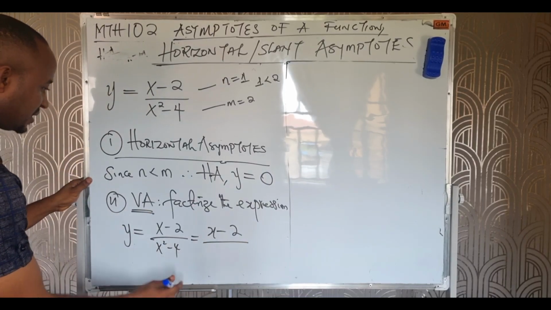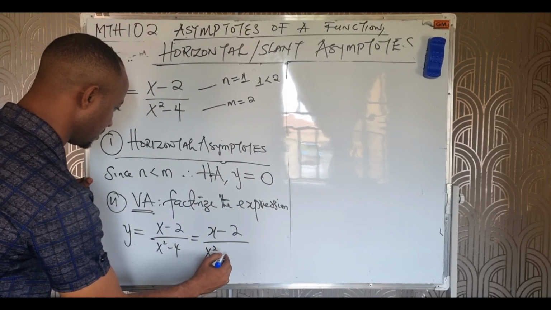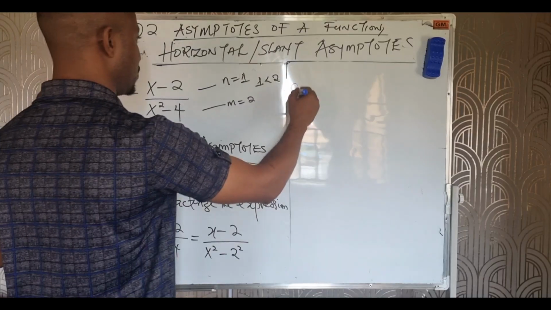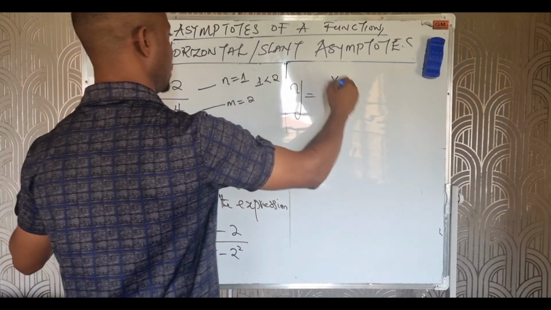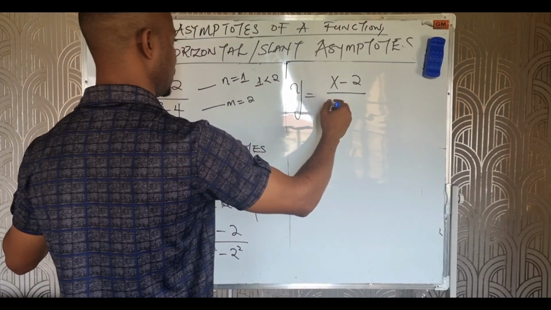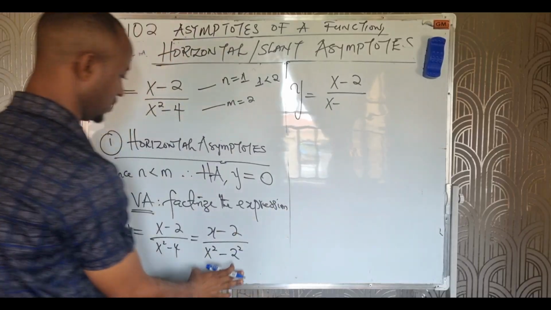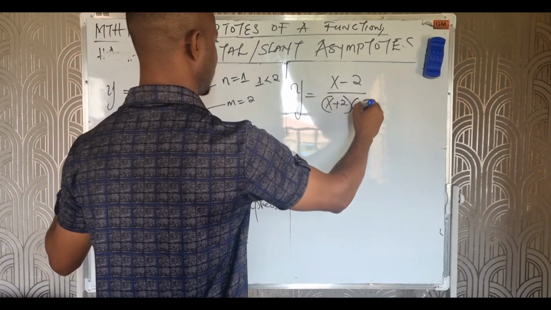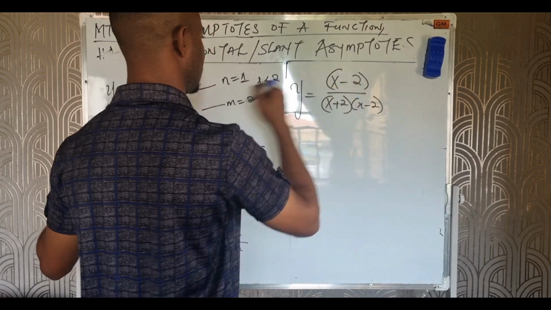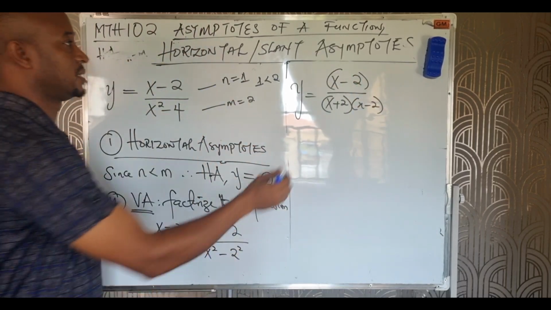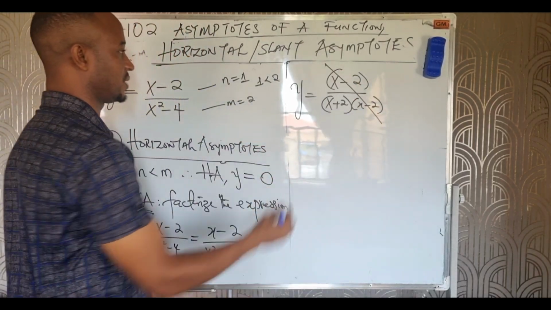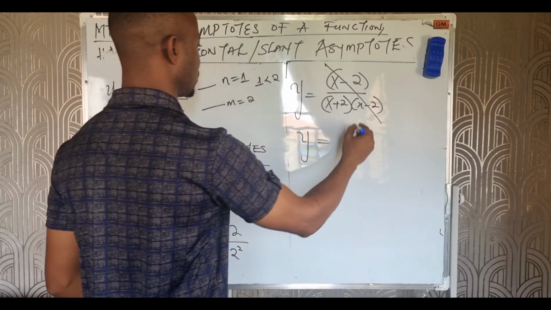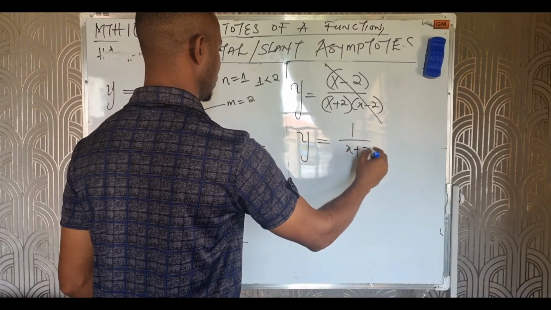The denominator factorizes as x squared minus 2 squared. Using the difference of two squares, you will have x plus 2 times x minus 2, right? So what we notice here is that this can divide this, and we are left with y equals 1 over x plus 2.